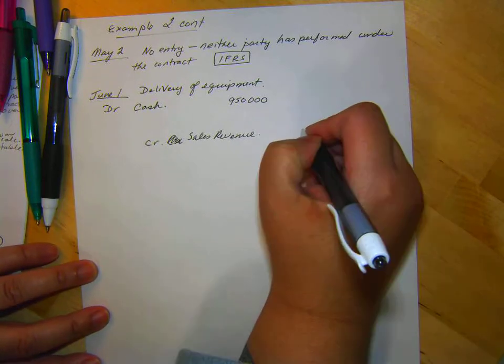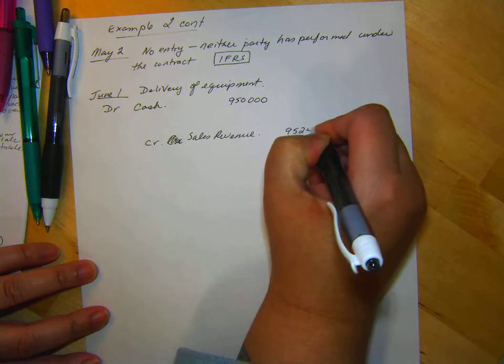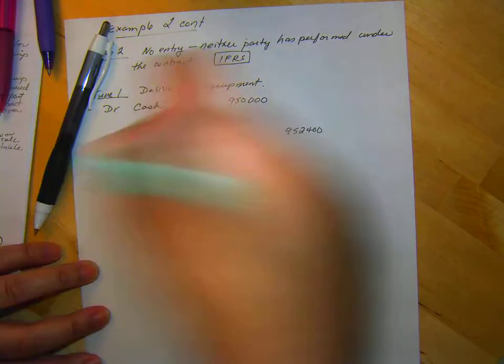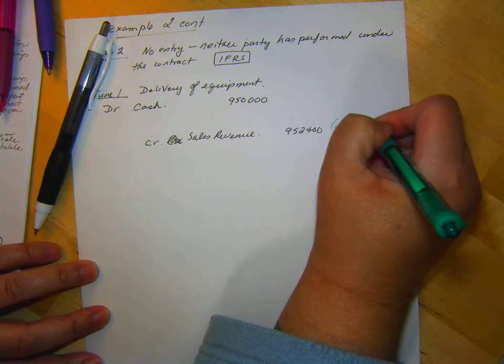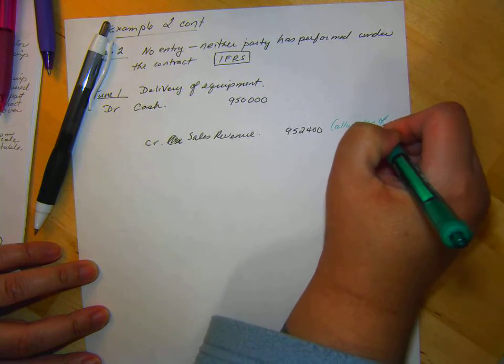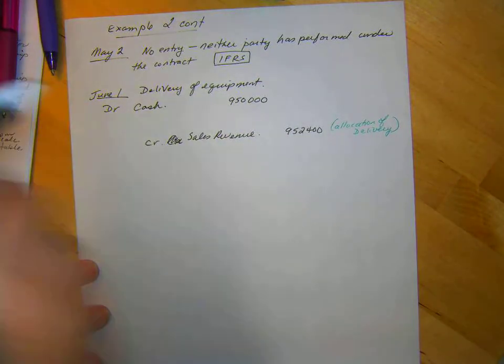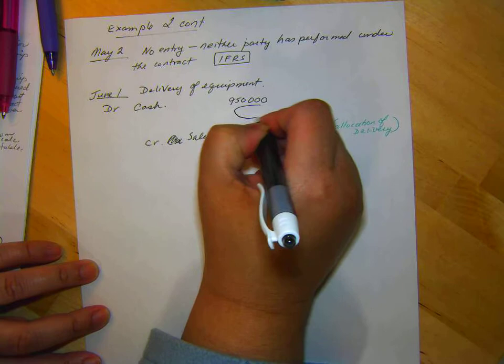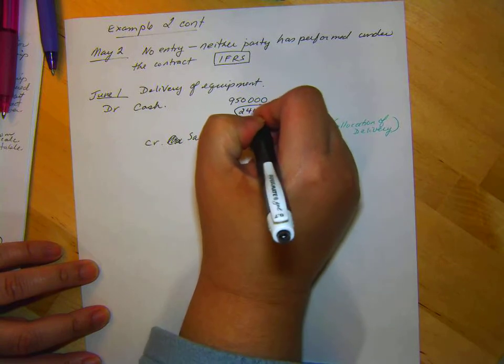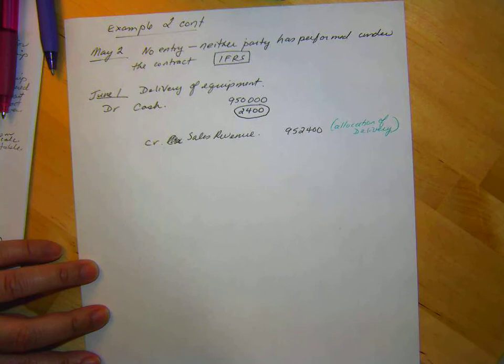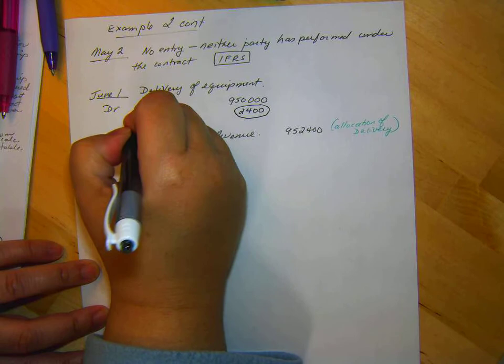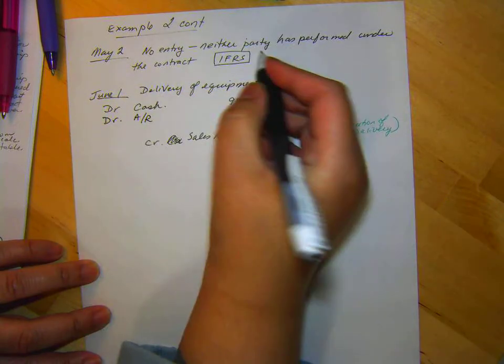The sales revenue is going to be $952,400, and that's going to be the allocation of the delivery from our table. Okay. Well, it doesn't balance. We're up by $2,400. What could that be? Well, do they owe us money? Yep. So it's going to be accounts receivable for $2,400.